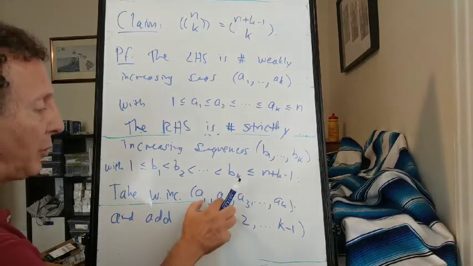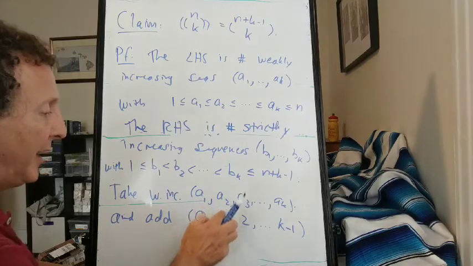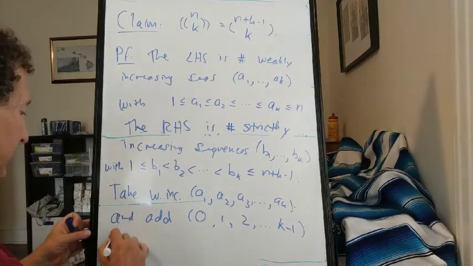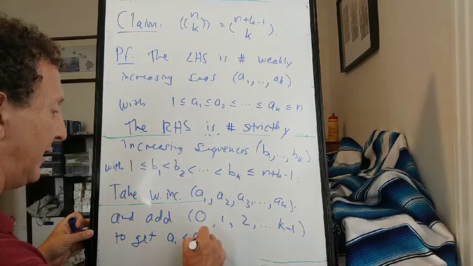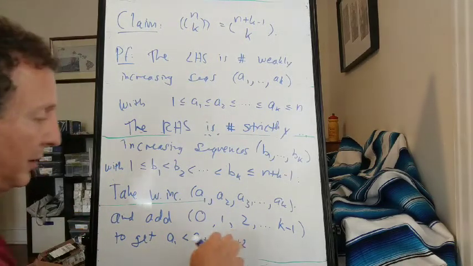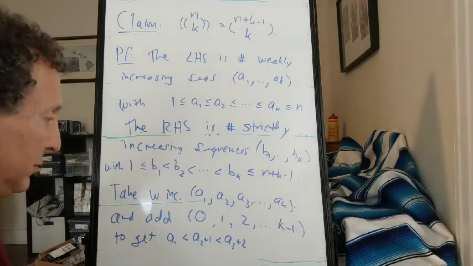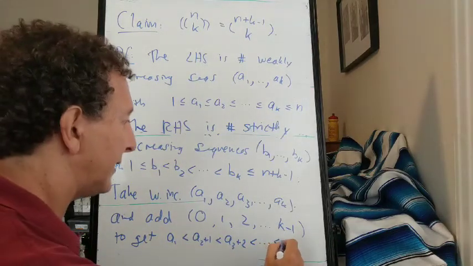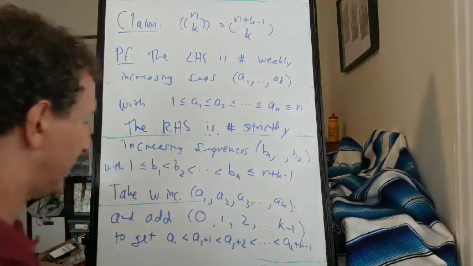So if A1 and A2 were possibly equal, and we add 1 to A2, then they can't possibly be equal anymore. So we'll get A1, which is less than A2 plus 1, which is strictly less than A3 plus 2, because we're adding more to A3 than we added to A2. And we finally get AK plus k minus 1.